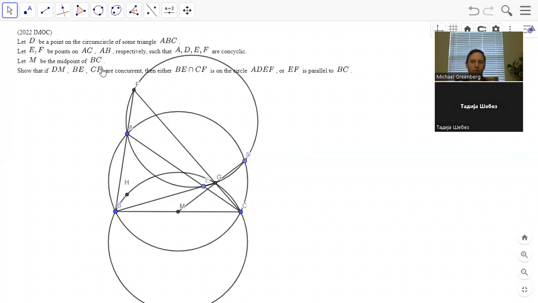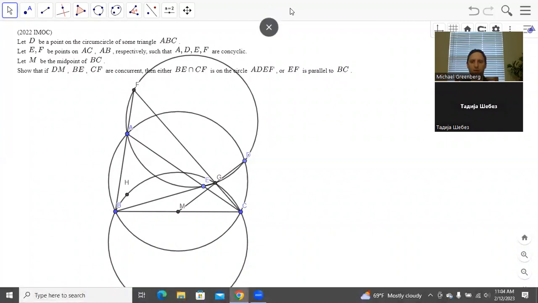I noticed that we would want to show that an inversion at M with radius MB takes G to D. Yeah, it's the direction we have to prove. I agree.